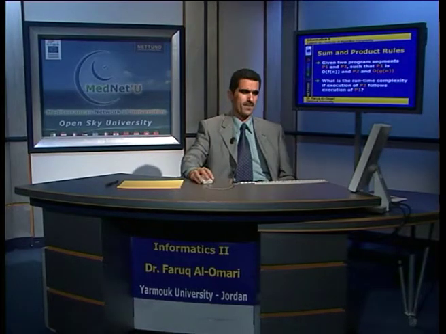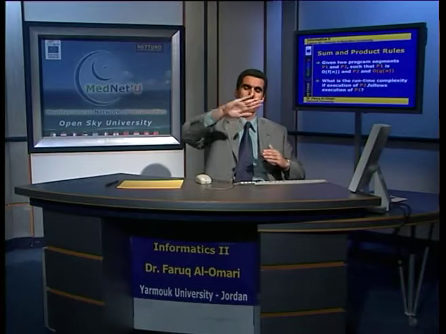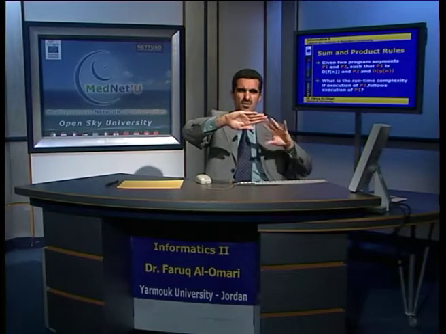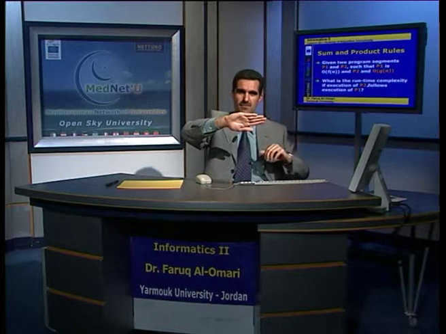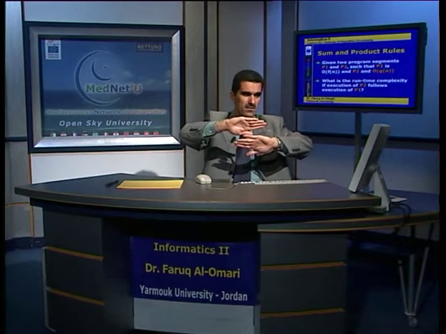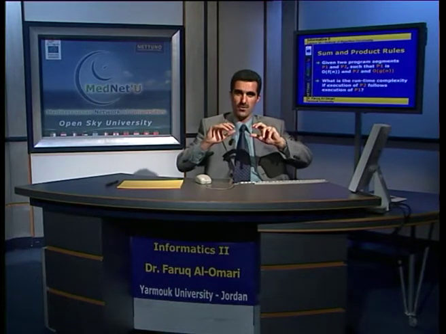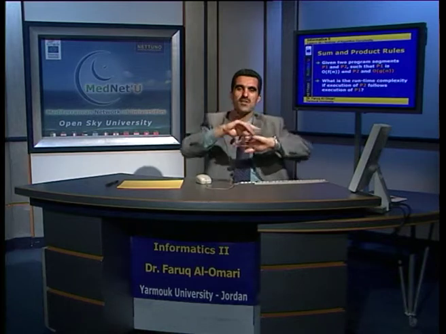The question is, if the execution of P2 follows the execution of P1. That means I'm going to execute the first one, which takes in the order of f(n), and then after that P2, which takes the order of g(n) computations. How much time do I need to execute both?